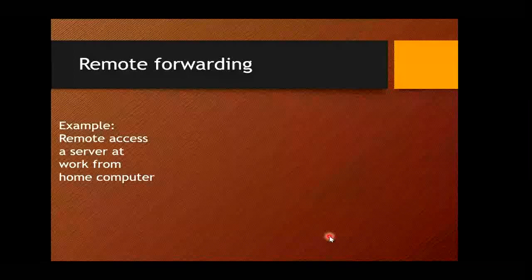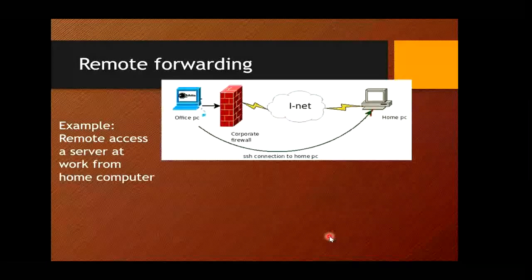But from work, we can set up an SSH tunnel using remote forwarding. Let us see what steps are involved. First, you can see here we have the office PC. We have a corporate firewall, because we cannot directly access this way because of the presence of the corporate firewall. This is the internet. This is the home PC.